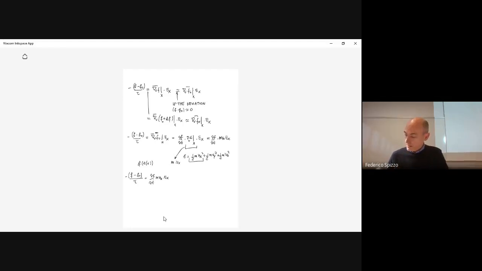Using this expression, we may evaluate F. So F is equal to F0 minus the derivative of F with respect to the energy times m Vx Ex times the relaxation time.